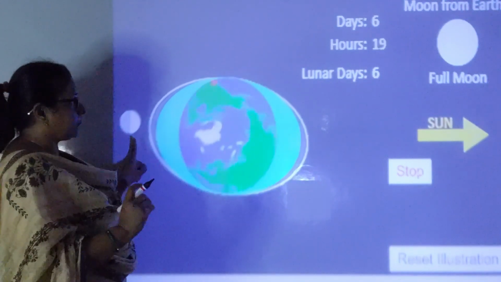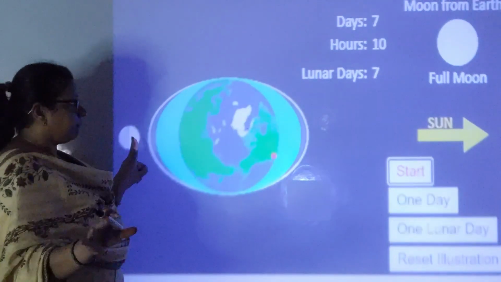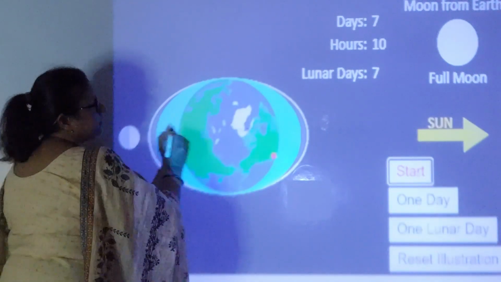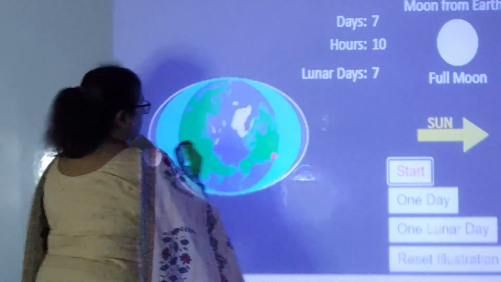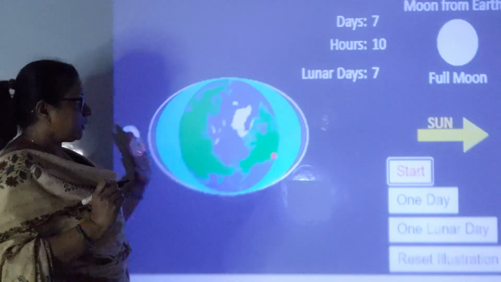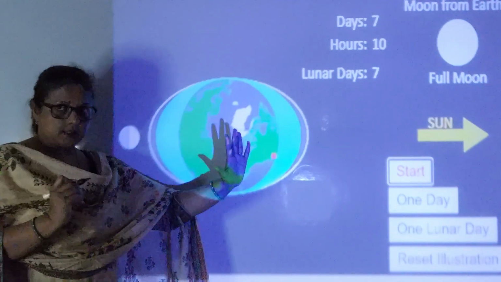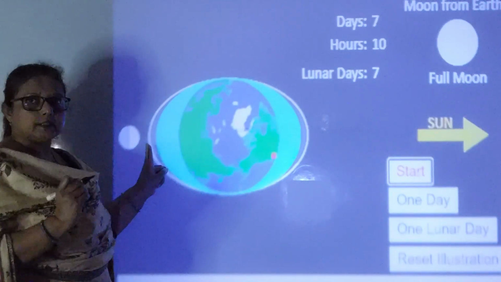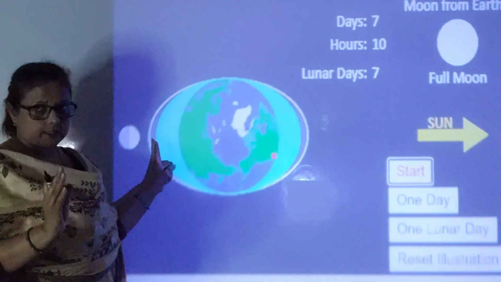And it comes to a position when it is full moon. That is, when the moon, the earth and the sun are in a straight line. Now here, in this position, the earth experiences the spring tides.